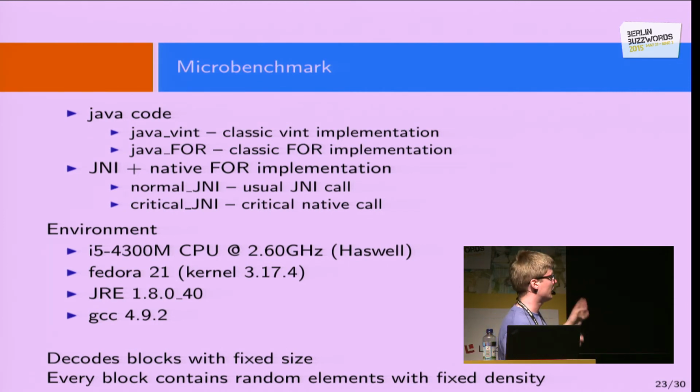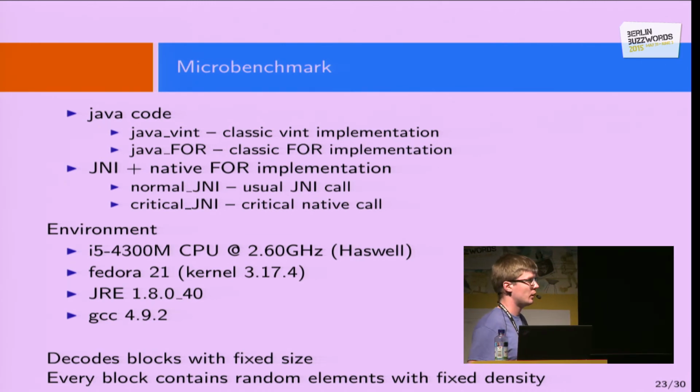Also, I wrote a JNI wrapper, which calls the native FastPFOR implementation. There are two modes: normal JNI, which calls JNI as usual, and critical JNI, which uses the critical native feature.